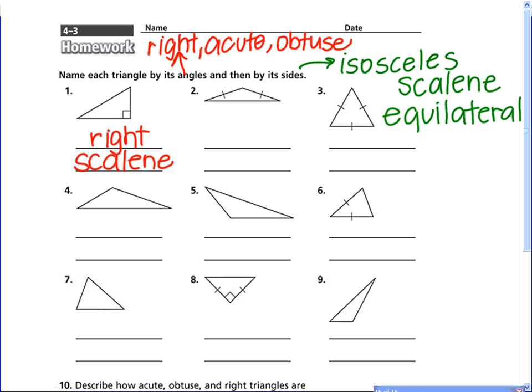Okay, so you have to tell me both of them. You have to name it by its angles and by its sides. So we named it here by its angles, here by its sides. So that's what you're doing for problems 1 through 9. Questions about that part?